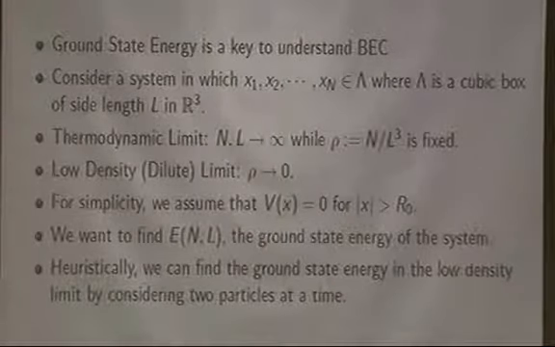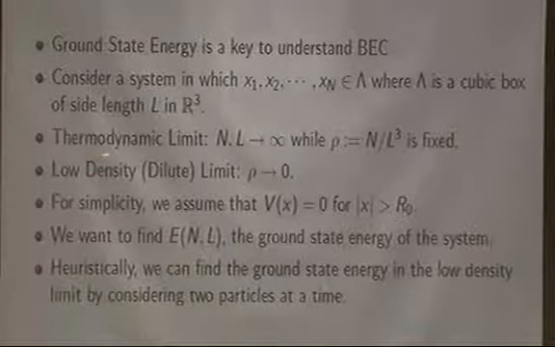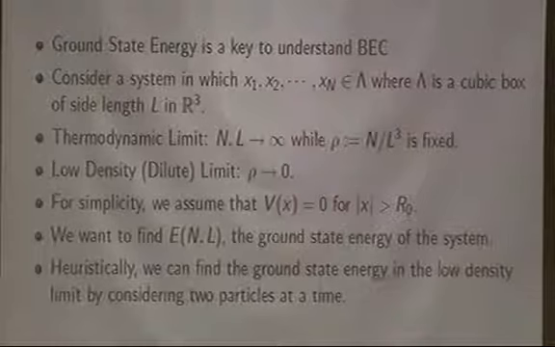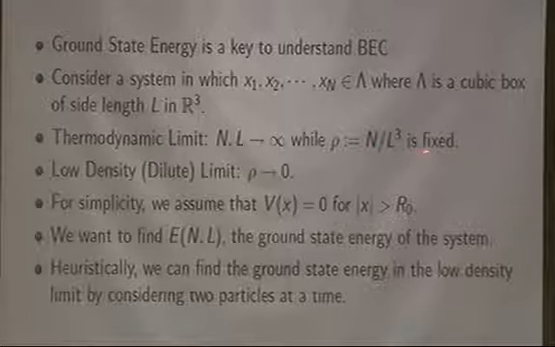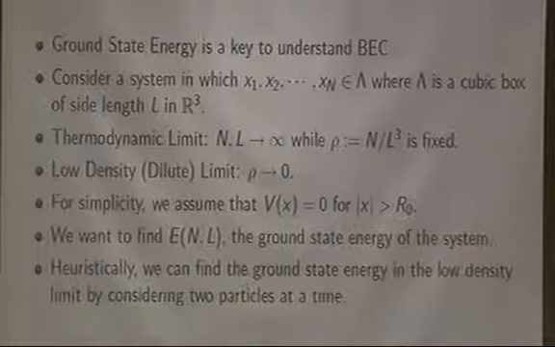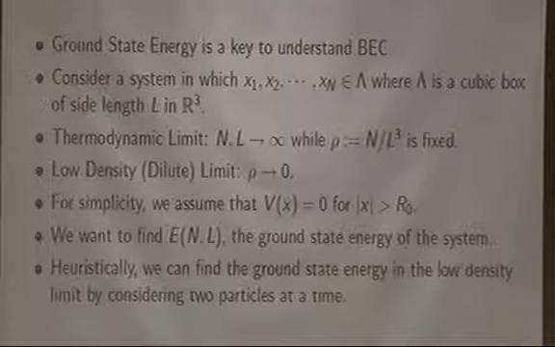And we're going to consider the thermodynamic limit, which means N, the number of particles, and the side length L tend to infinity, while the density N over L cubed is fixed. Later, we also want to put this limit on the system, the low density limit or dilute limit, which means rho, the density, is very small.